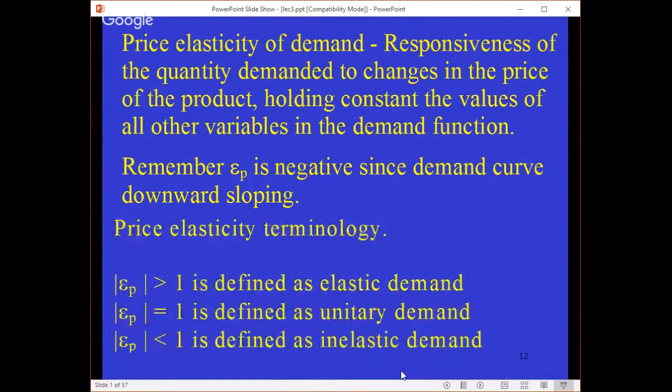So when the absolute value of elasticity of demand is greater than 1, we say demand is elastic. What that means is when there's a price change, you get more of a change in quantity demanded. For instance, if I have a 1% change in price, quantity demanded will decrease by more than 1%.